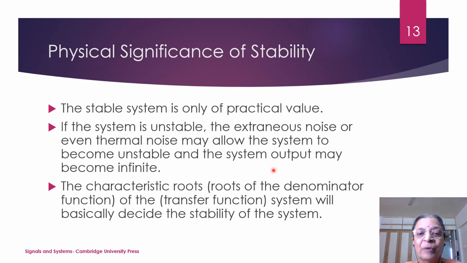But try to remember that there is a possibility of finding out the stability of the system from the characteristic roots. You will have to find the characteristic equation, that is the denominator polynomial of the transfer function, find its roots and find where the roots lie. So using pen and paper you can find out whether the system is stable or not before it is actually implemented. That is important.